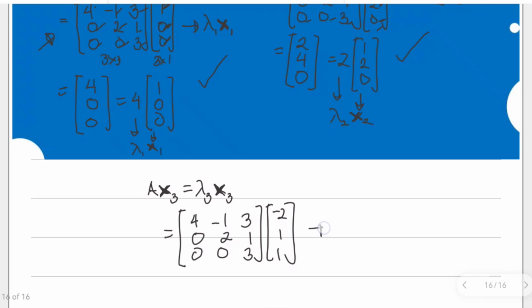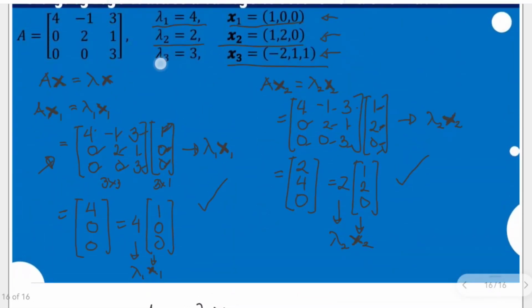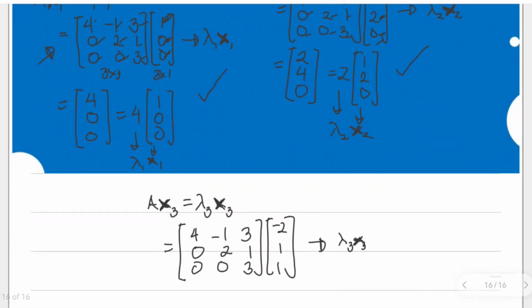Again, this should reach an expression equal to the product of your lambda sub 3 and your third vector. Let's take note of our lambda sub 3, which is 3.